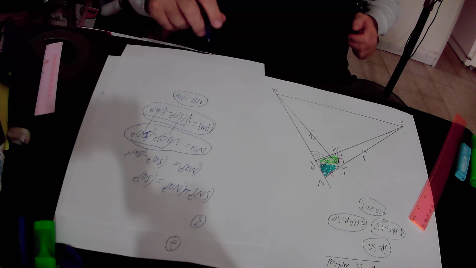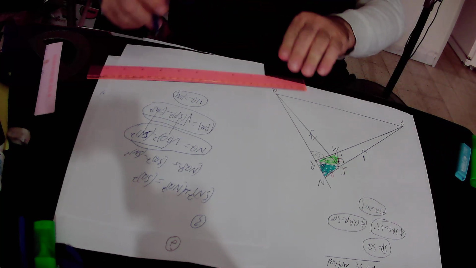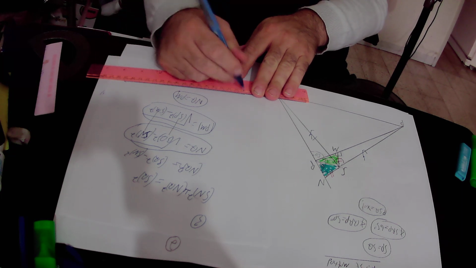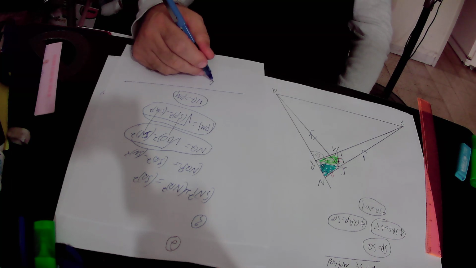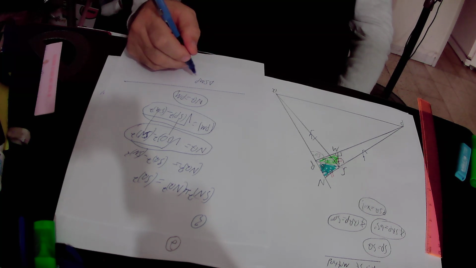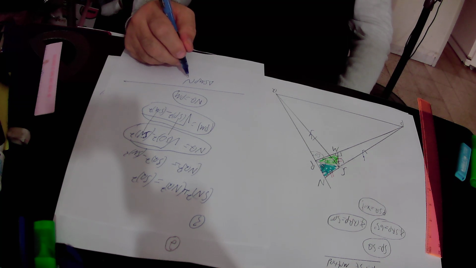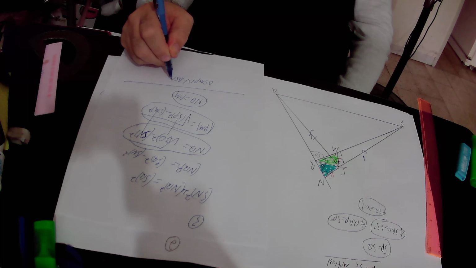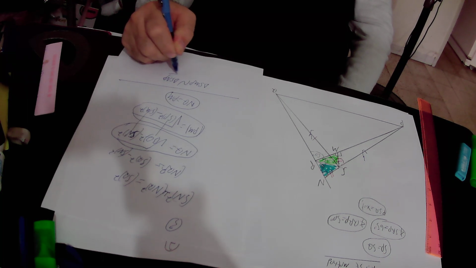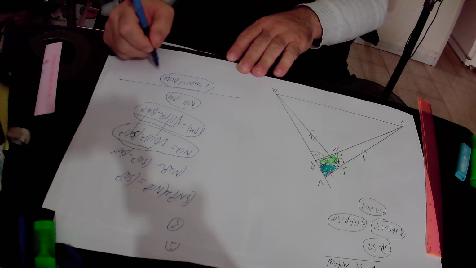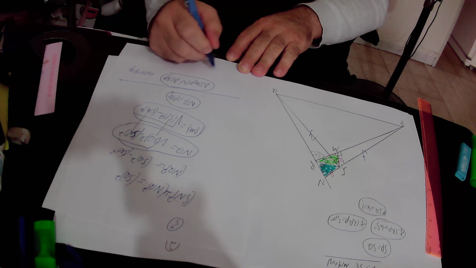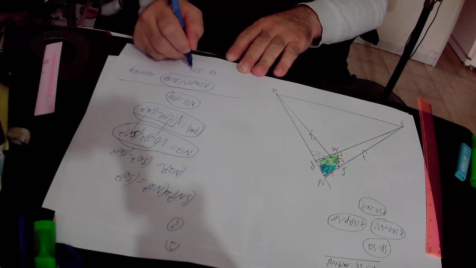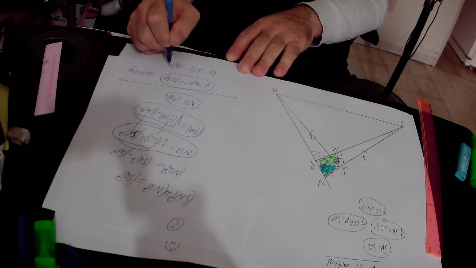Therefore, we can conclude that the right triangle SMP is congruent to the right triangle SNQ according to the side rule. Okay?